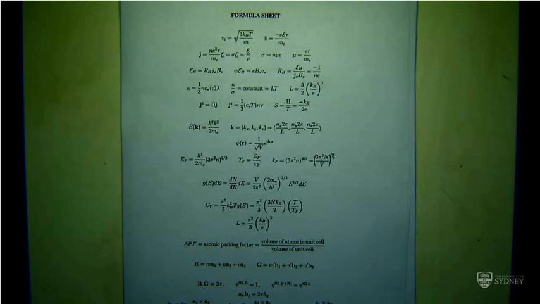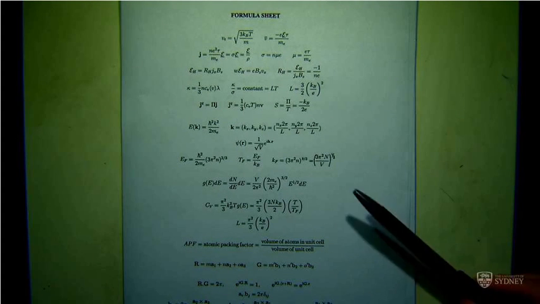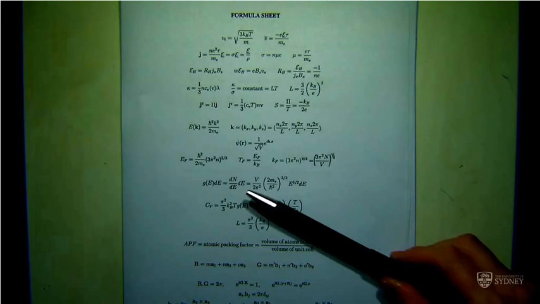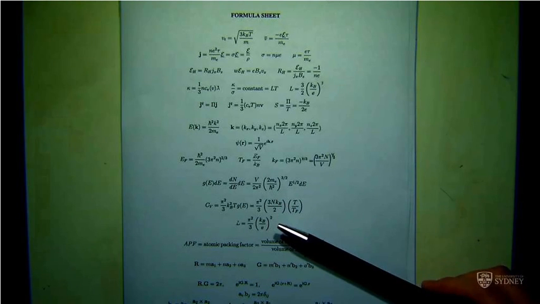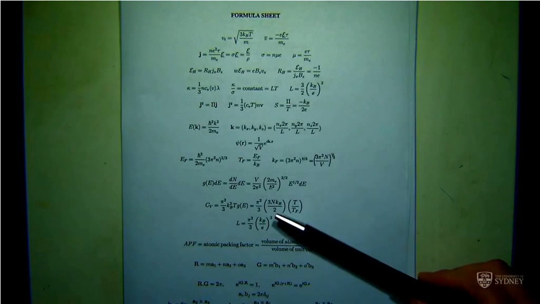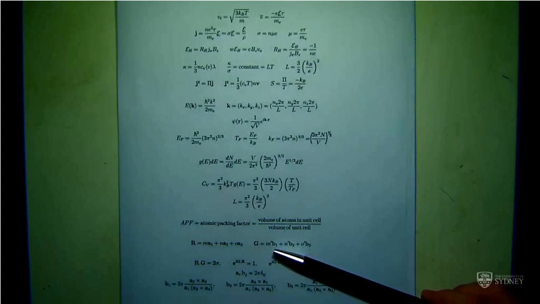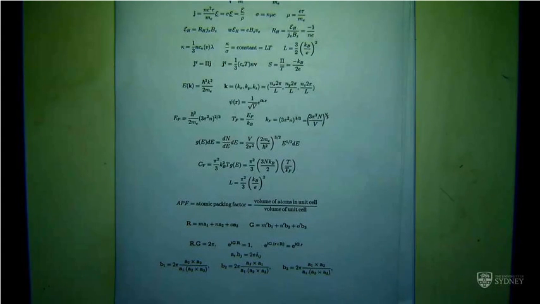You have the definition of the Fermi quantities here, the density of states, and these other equations that look familiar to you. Atomic packing, so if you're asked to determine that for a different structure that you've never seen before, you will remember how it's defined. And here we have the familiar reciprocal lattice vectors.